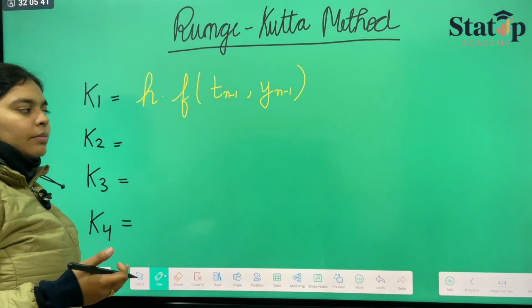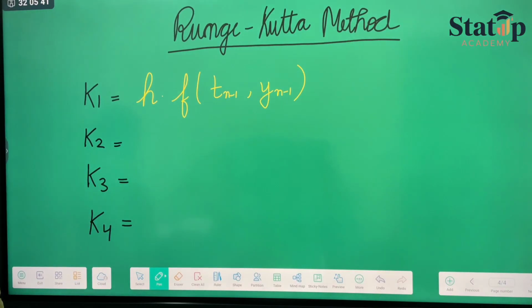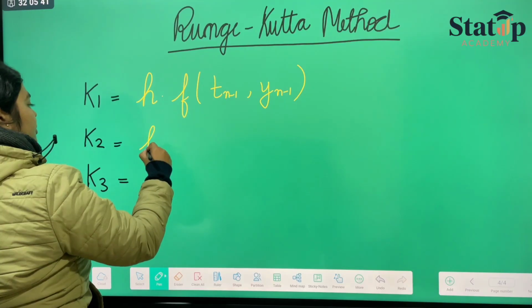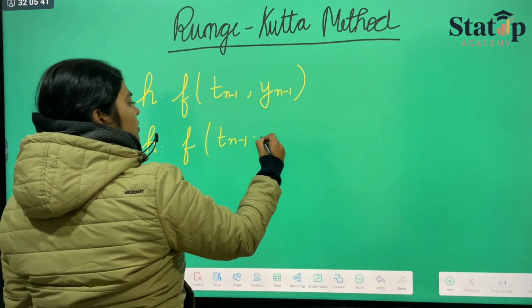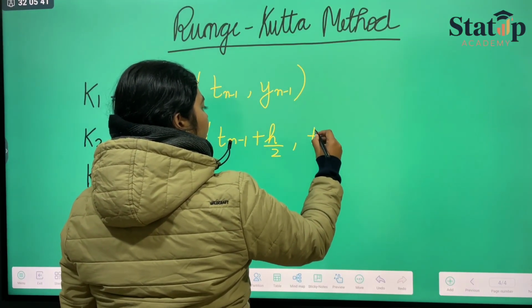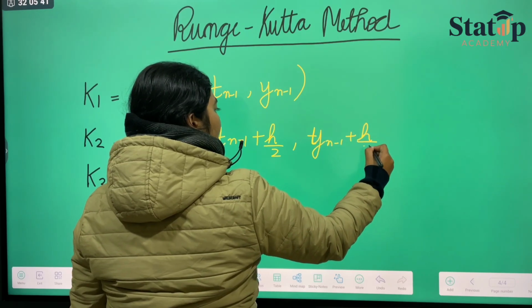You can write t n minus 1 or you can write x n minus 1, both are equal. Now the second one is K2 equals h into f of t n minus 1 plus h by 2 comma y n minus 1 plus h by 2.